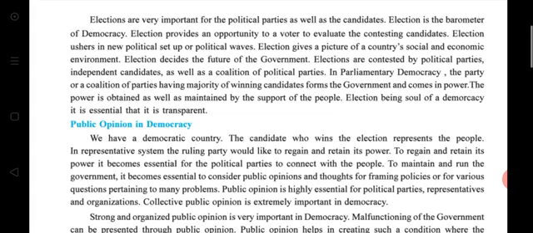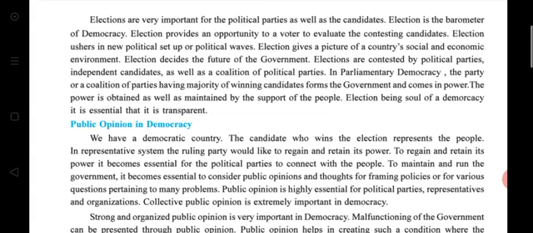So power is obtained as well as maintained by the support of the people. Once power is obtained, the support of the people must also be maintained until the next election. If in the next election people cast their vote for the same party, then the same government remains stable.